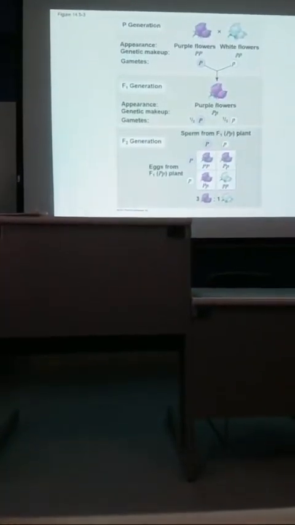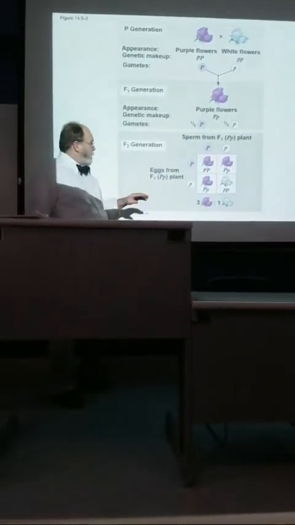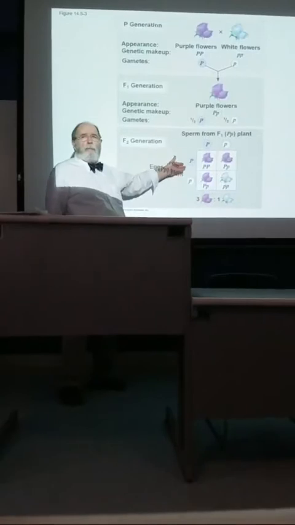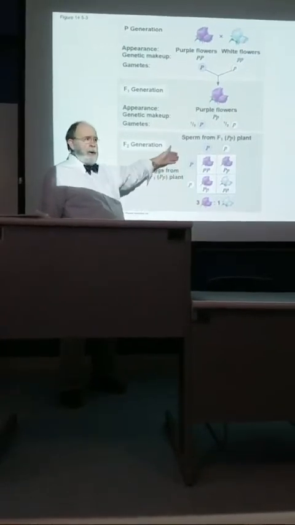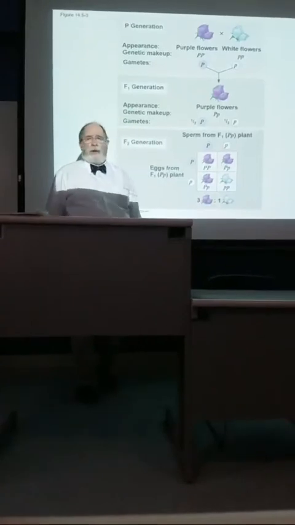If we cross two of these, first you've got to set up the Punnett square. Normally, the most common method is female up and down, male across the top. It doesn't have to be that way.